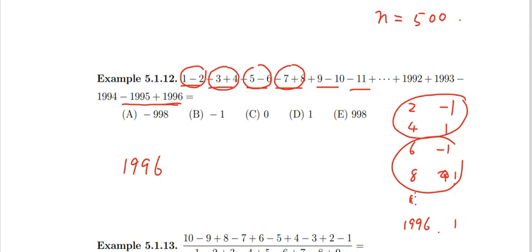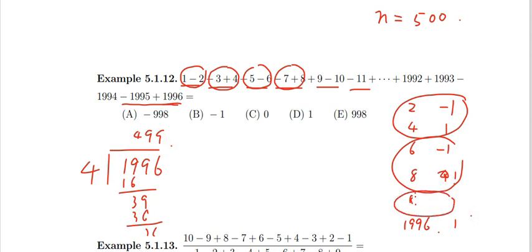Okay, so if this is the multiple of 4, then adding them up becomes 0. So we say this is actually a multiple of 4, right? So the addition is 0.